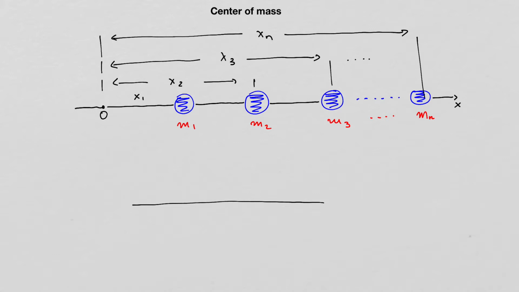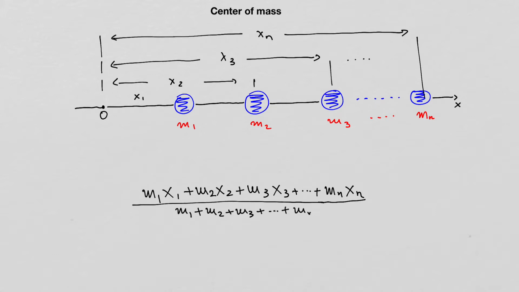So we have m1 times x1 plus m2 times x2 plus m3 times x3 plus, and so on until we get to the last particle, that is mn multiplied by xn. And then I'm going to divide this numerator by the total mass of the system of particles, which is m1 plus m2 plus m3 plus, and so on, plus mn.